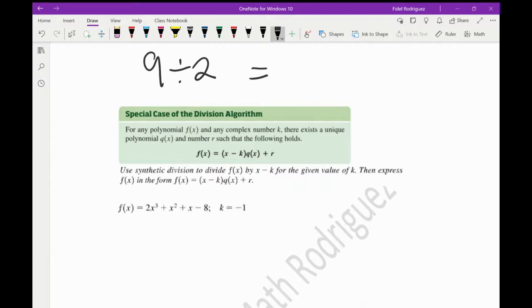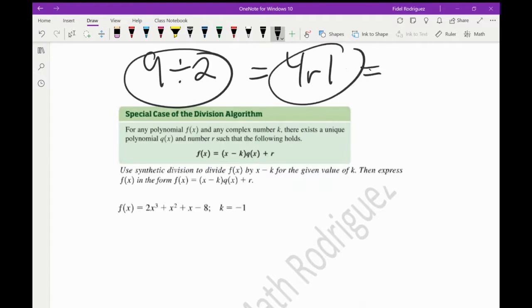And we came up with like 4 and remainder 1. And I would have said, okay, how could I rewrite 9 using the numbers 4, 2, and 1? So we might say 9 is 2 times 4 plus 1. So I know we were taking 9, we were originally dividing it by 2.